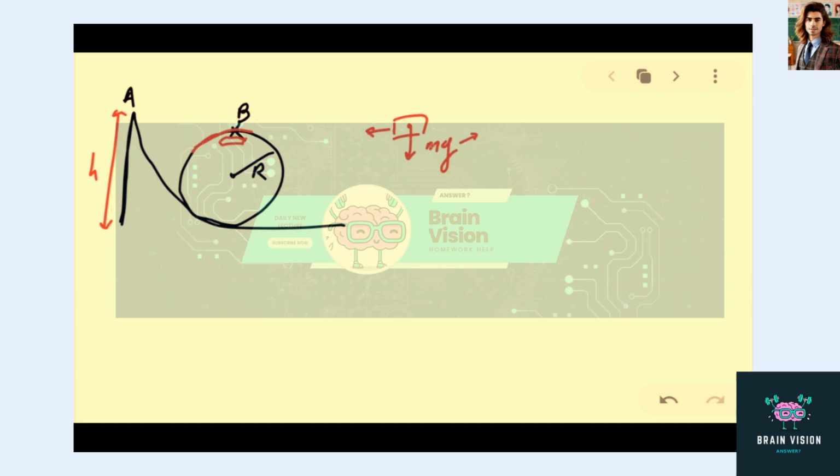And so this means that in circular motion, we know that the centripetal acceleration is v squared over r, where r is the radius of the circular motion. This must be equal to the acceleration due to gravity at B, which is just g.